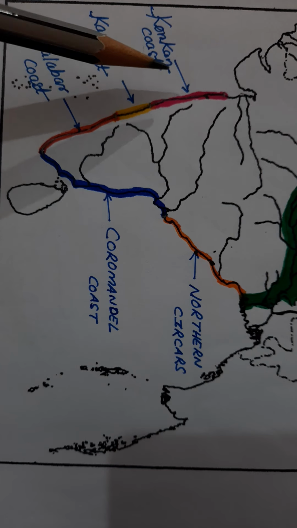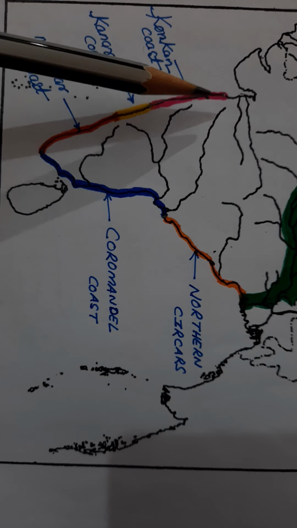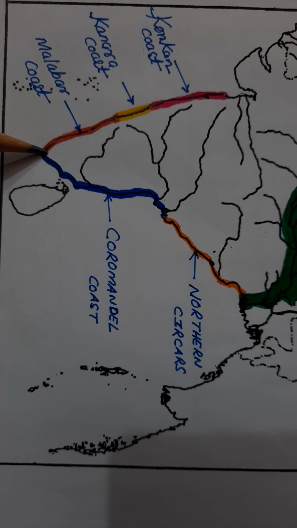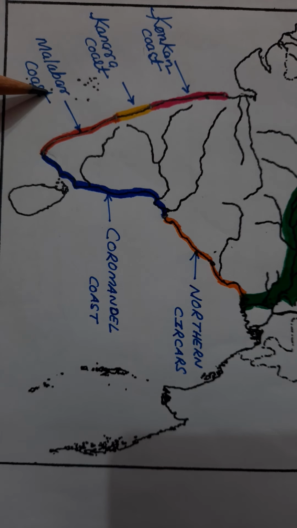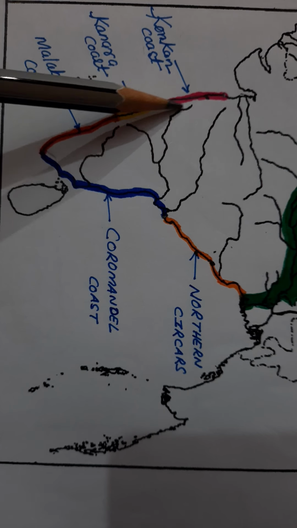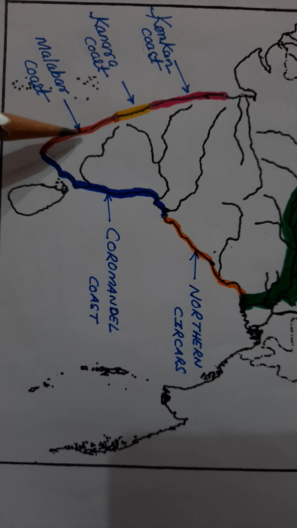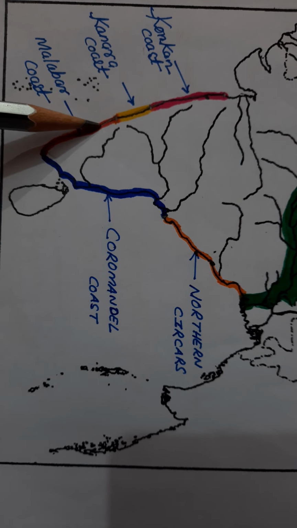Once again, this whole area from here to here is the western coastal plain that stretches from the Arabian Sea, this side, to the Western Ghat. Here is the Western Ghat and between them is the coastal plain.